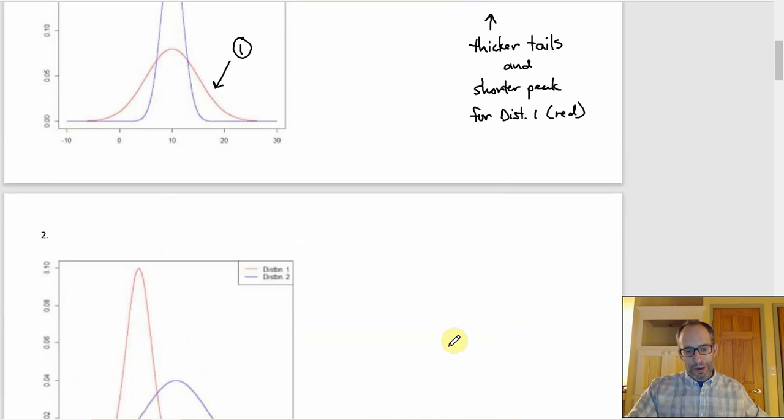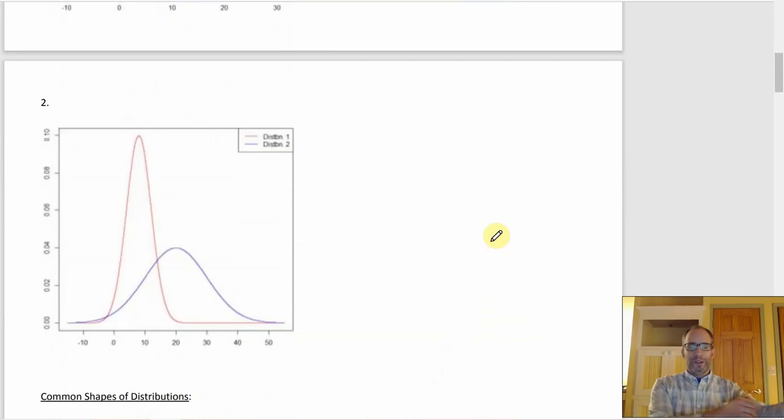So the next one, okay, here it looks like there's nothing that's going to match up because the mean of the red one is probably about 7 or 8, I would guess. And then for the blue one, it looks like it's 20, right?